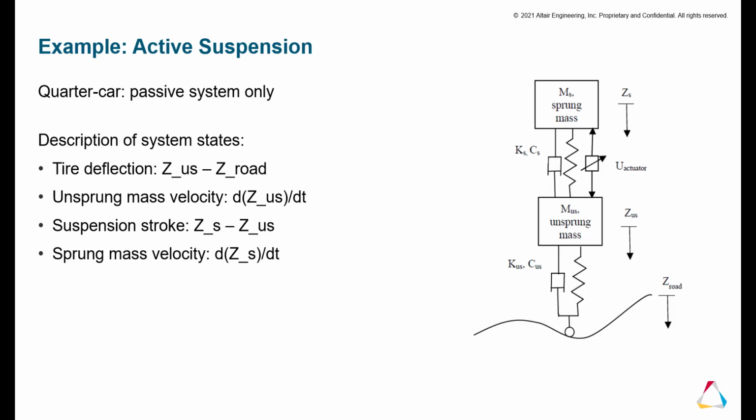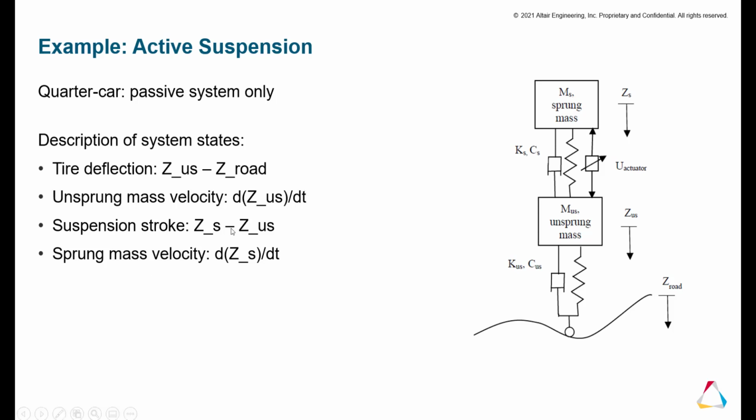So our tire deflection is the difference between the displacement of the road and the displacement of our unsprung mass, which is the first mass above the road. And then our unsprung mass velocity, which is the rate of change of that displacement over time.